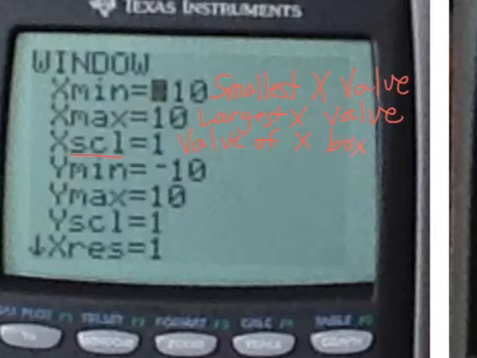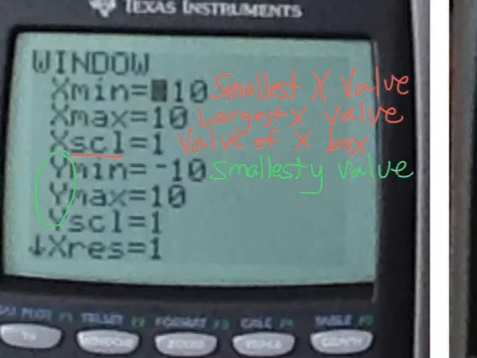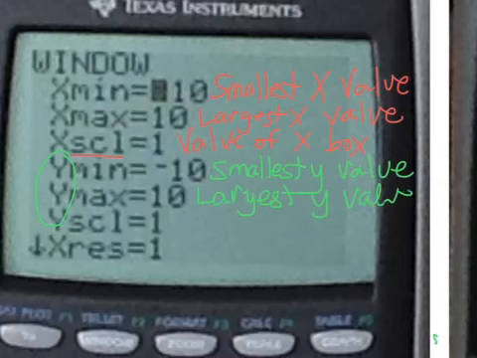And then we look at the Y's. So again, Y minimum will be our smallest Y value. And Y maximum is our largest Y value. And Y scale is just going to be the value of each Y box.